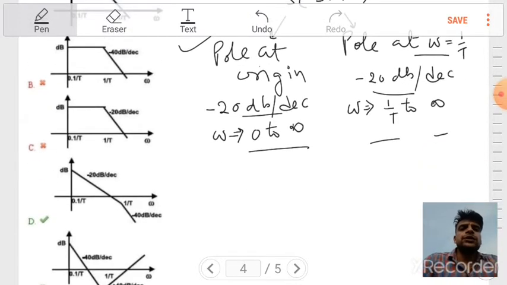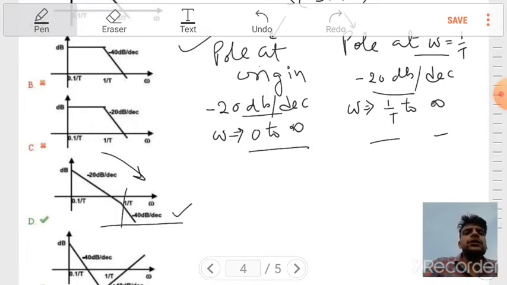So option D is correct answer. Minus 20 dB per decade asymptote is coming from 0.1 by T omega, and at omega equal to 1 by T, another minus 20 dB per decade asymptote is added in this. So total is minus 40 dB per decade from omega equal to 1 by T to infinity.